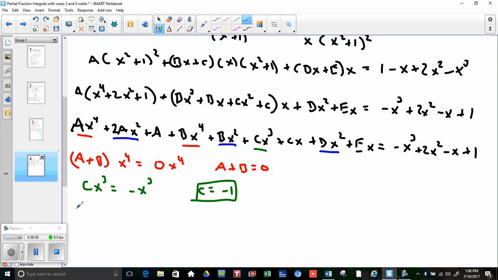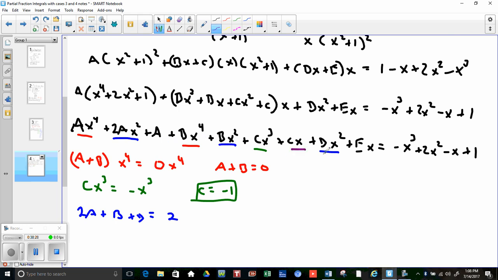So that means that 2A plus B plus D has to equal 2, from the coefficient here of the 2x squared. Okay, that doesn't help at this point because I don't know A, B, or D. So we'll come back to that one.